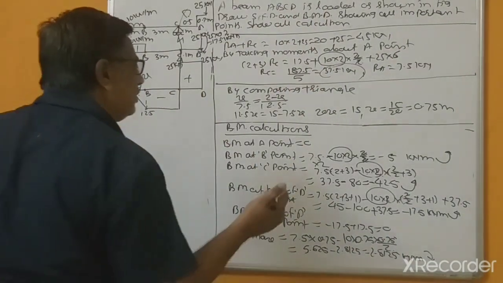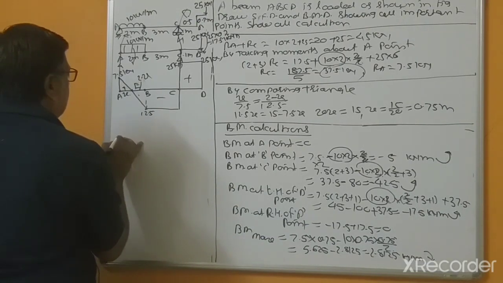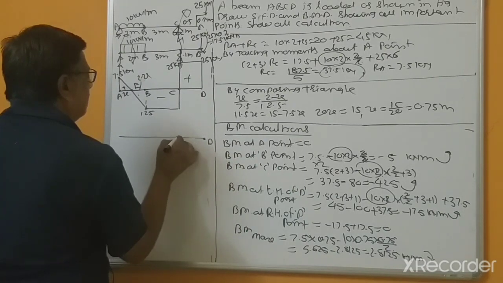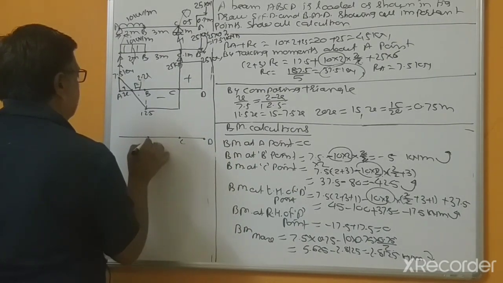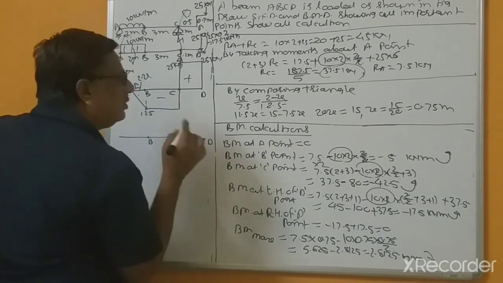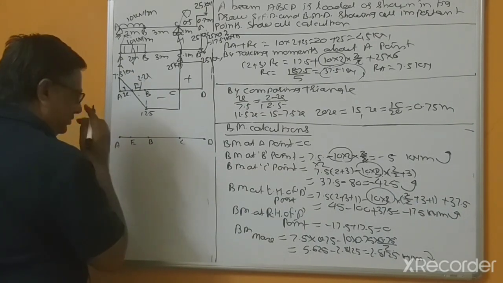So that's why you can draw the bending moment diagram. So for the bending moment diagram, D point, C point, B point, E point at 0.75, and this is A point.